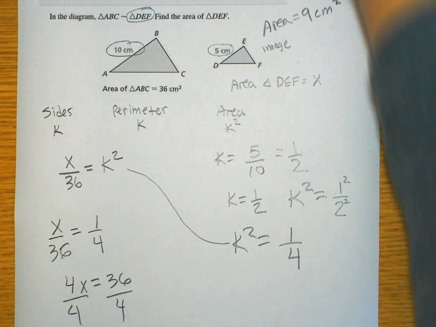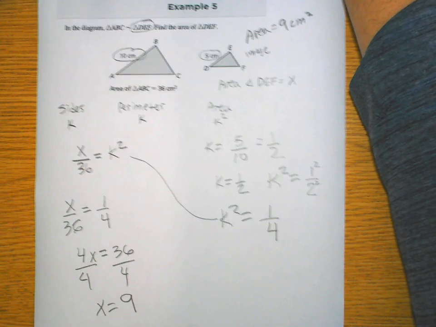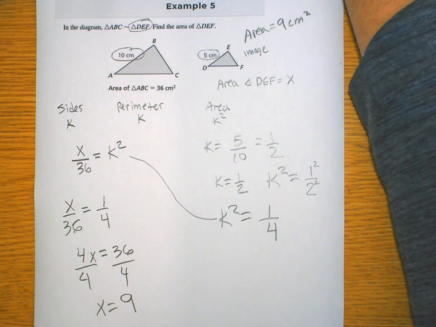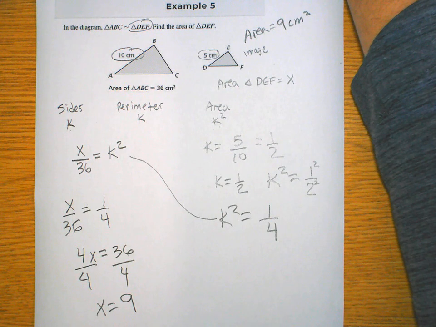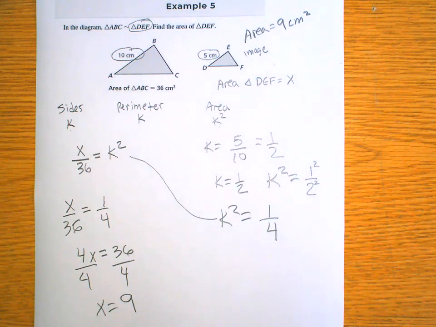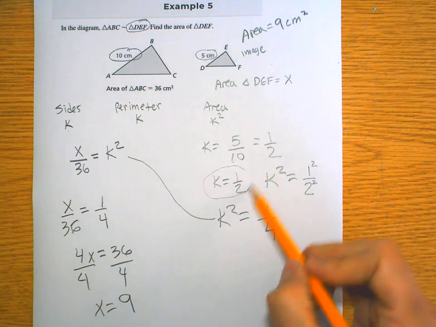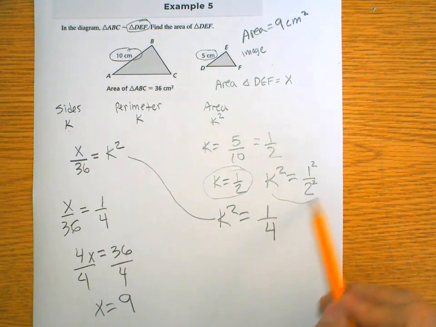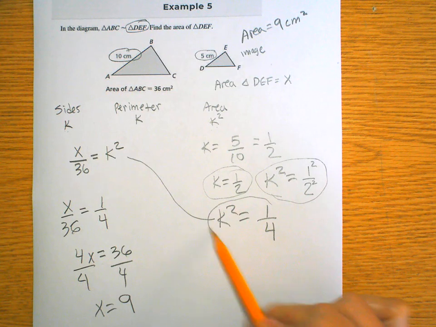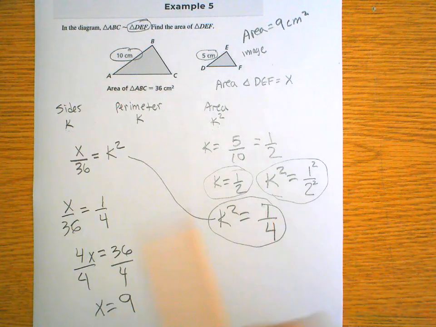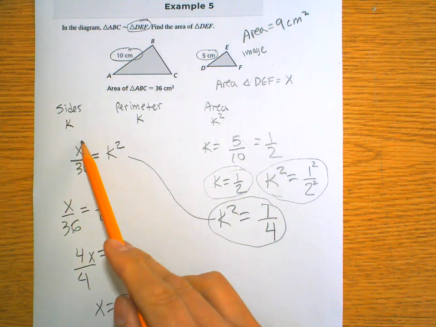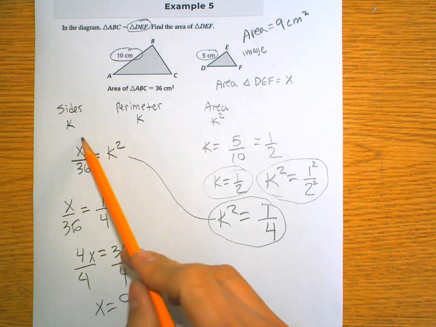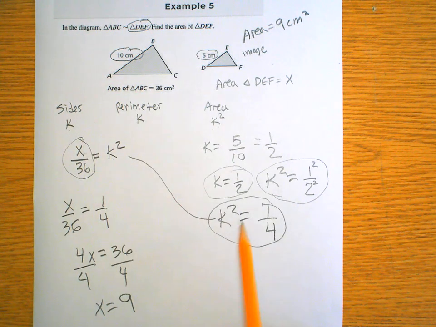This is the kind of problem where you're going to be struggling quite a bit. It seems difficult, but it's really not. All you need to do is find the scale factor of the sides, which we did right here. Square it, and you get the scale factor of the area. Set up your ratio for the scale factor of the area over here, and these two values are going to be the same.